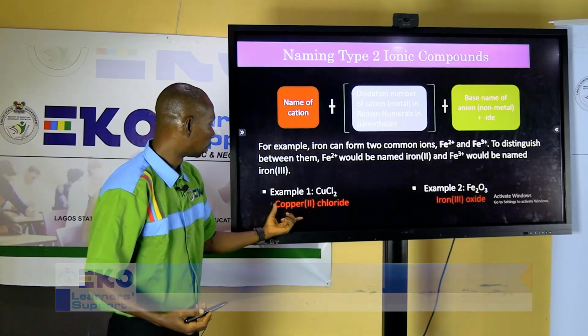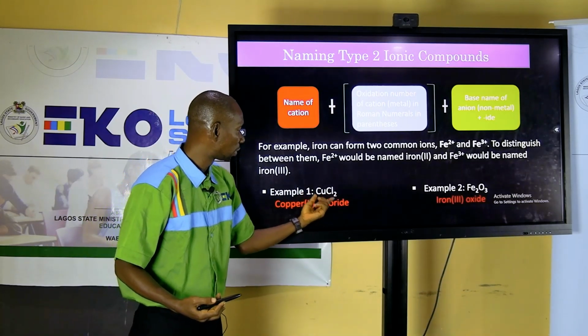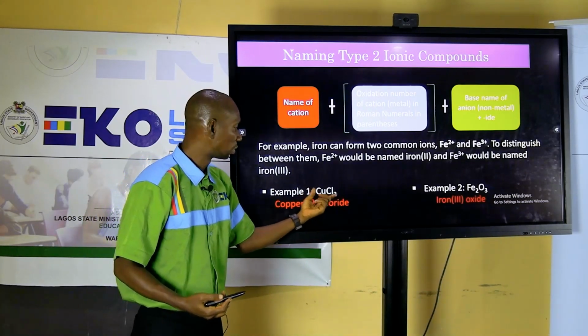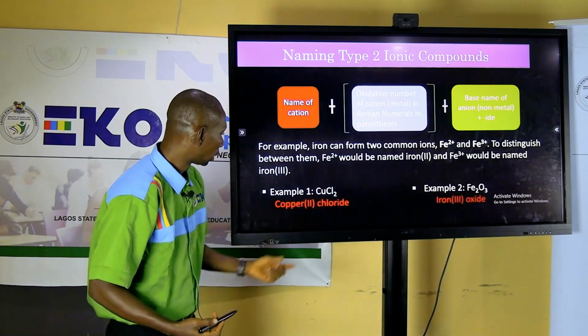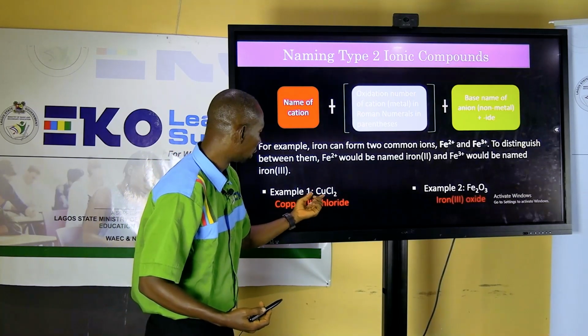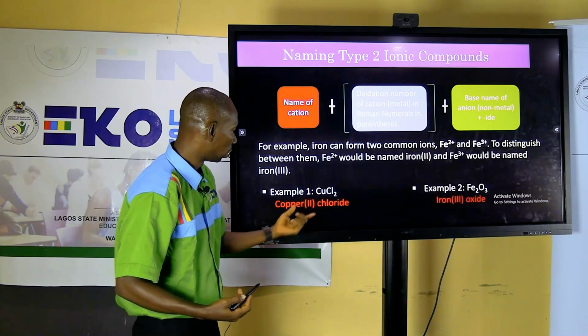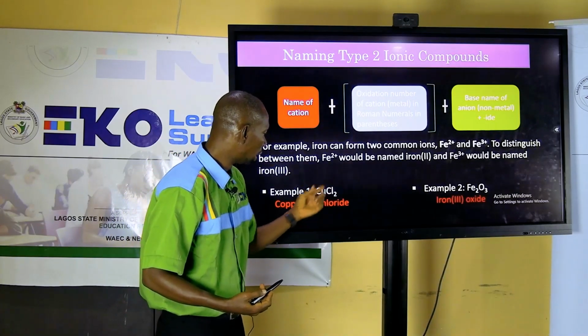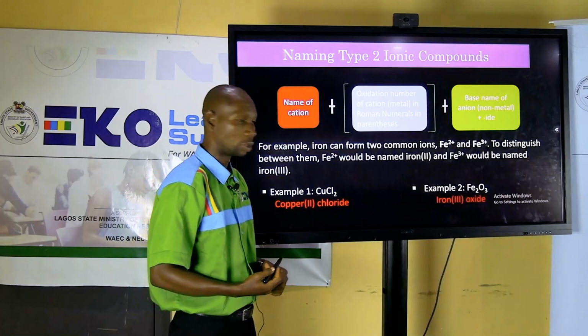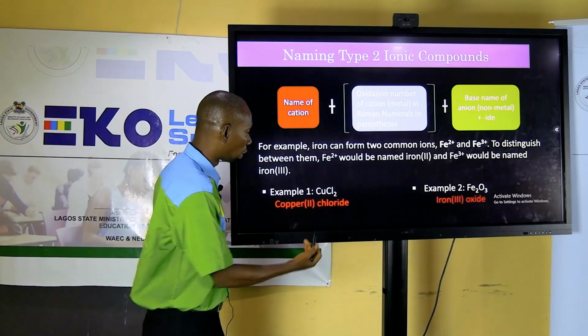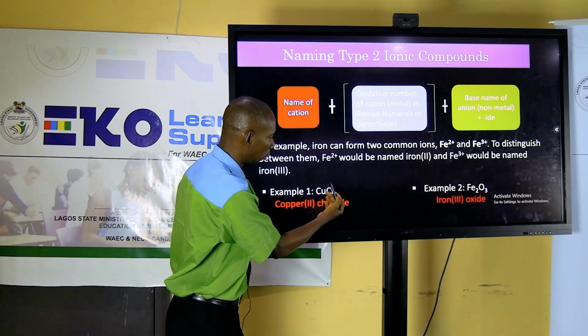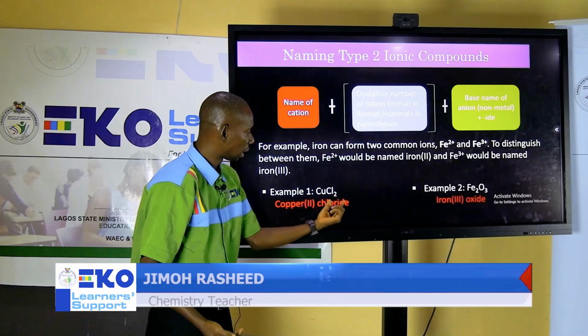Look at further examples, okay? You have CuCl2. Now, what do you think is going to be the charge of the copper, which is a type 2 metal there? To be able to know that, you will need to use deductive reasoning. That is because the valency of chlorine here is -1, and there are 2 of it.